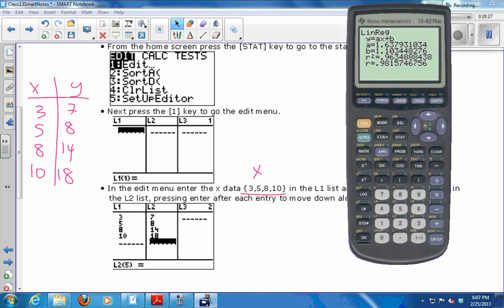Yes, so you go to the catalog. You press second 0. Scroll down until you get to DiagnosticOn. It's alphabetical. Then just press enter, enter.